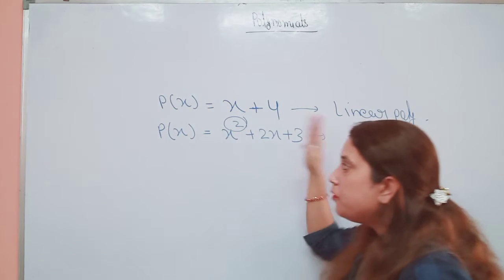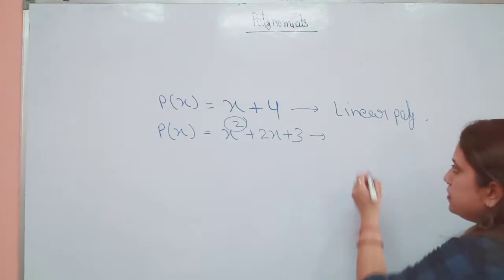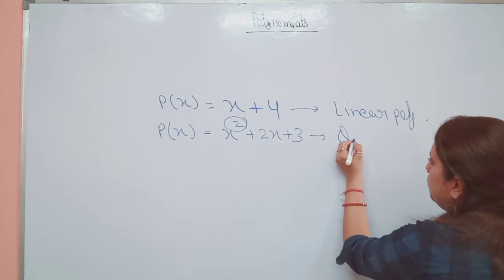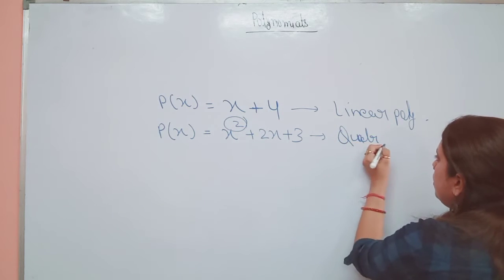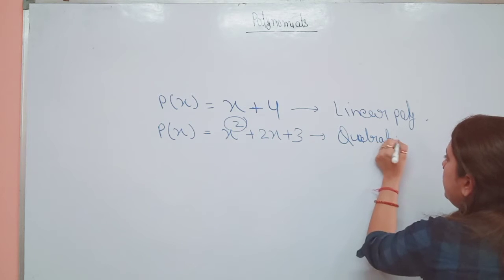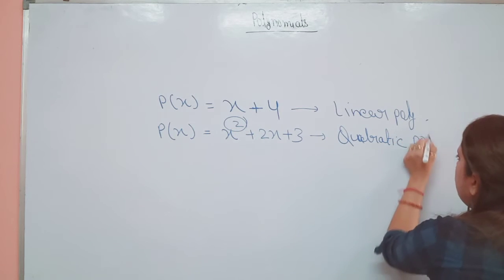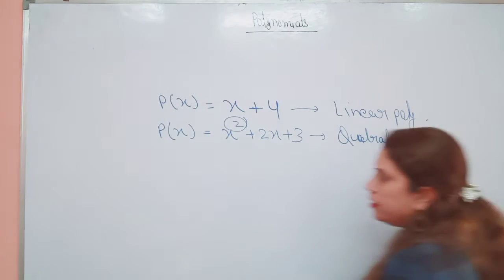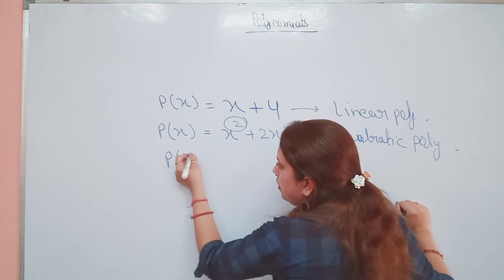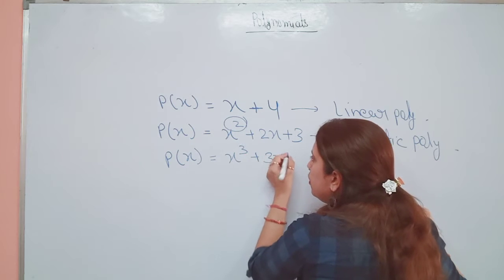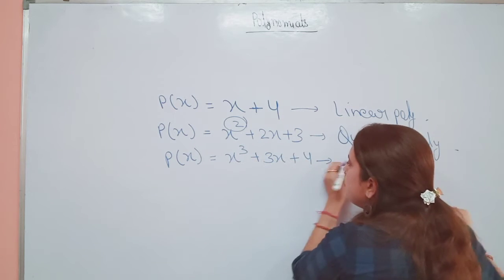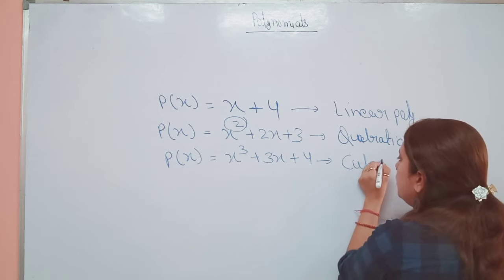And if the degree of the polynomial is 2, it is called a quadratic polynomial. Now cubic, it is so easy. If the degree of the polynomial is 3, it is a cubic polynomial.